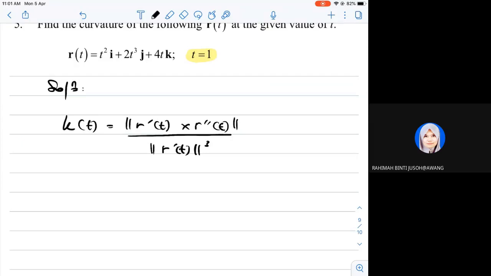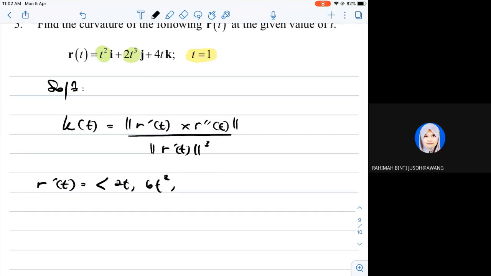Okay, so first of all we need to find r prime t lah, of course. So differentiate t squared. You differentiate yang ni, first element ni, t squared. We will get, as usual saya suka guna sharp bracket ni, so jadi 2t. Differentiate 2t cube, 6t squared, yes, very good, 6t squared.